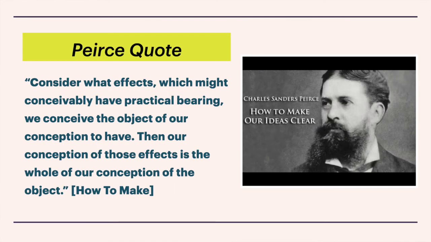Okay, I'm going to read that again. He says, consider what effects which might conceivably have practical bearings we conceive the object of our conception to have. Then our conception of those effects is the whole of our conception of the object. Okay.